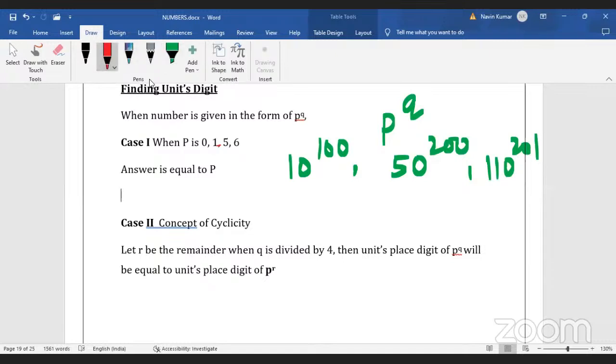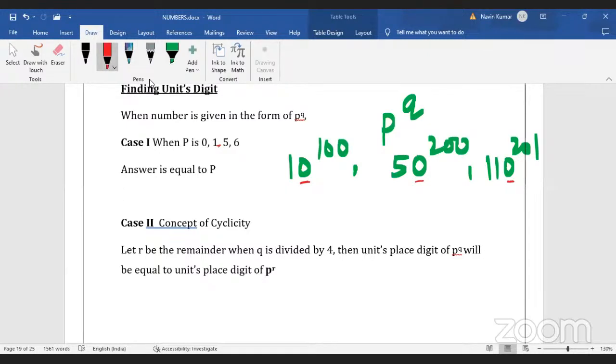In all these cases, you can see that the number's unit digit is 0, right? If unit digit is 0, doesn't matter what is the power, answer will always be 0. Similarly, for 1, 5 and 6.